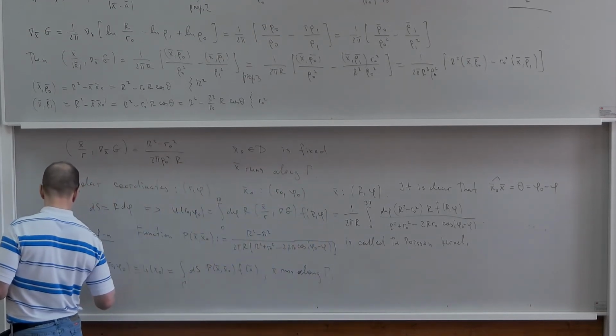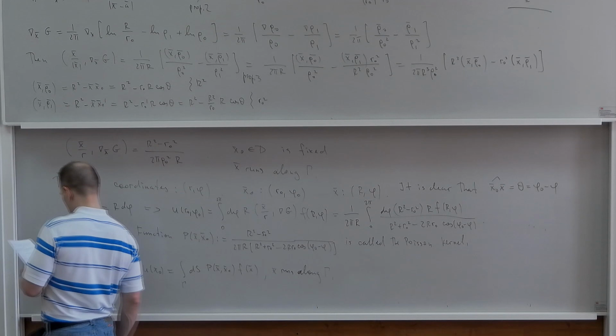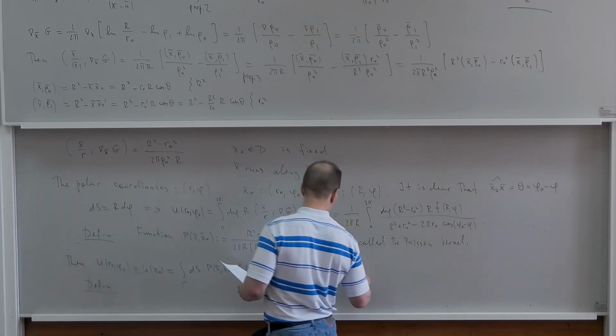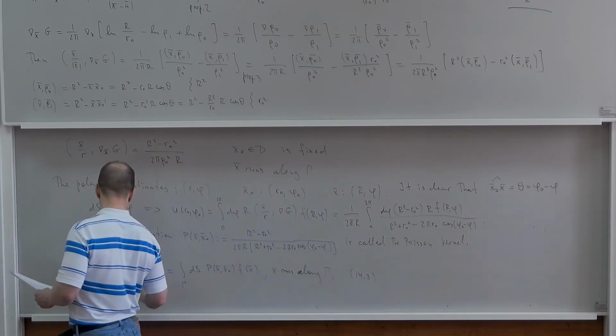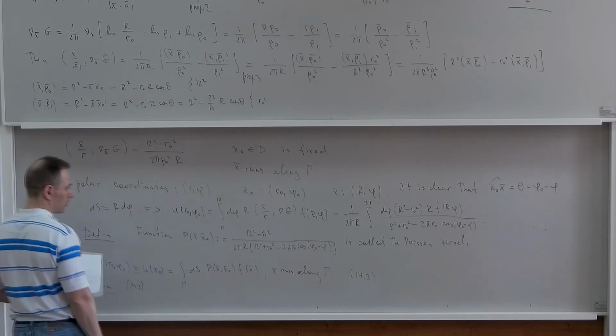Definition. The integral 14.3 is called the Poisson integral.